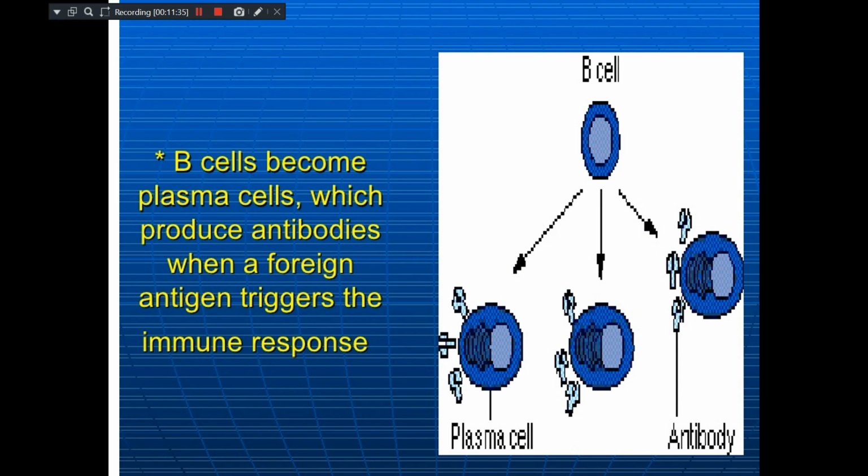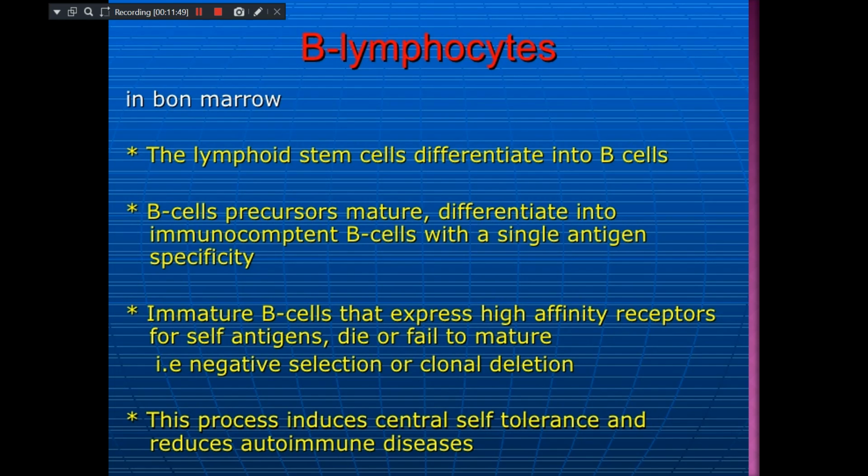This is known as the initiation of the immune response, or triggering or activating the immune response. As a result, the plasma cells will be able to produce a large number of these antibodies. And these B lymphocytes are basically stem cells which have differentiated into B cells.